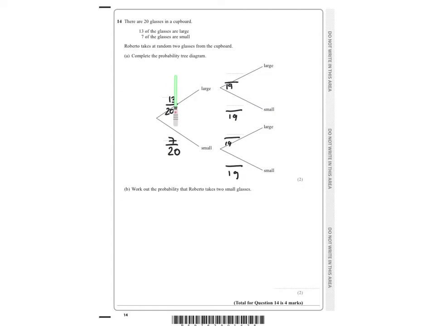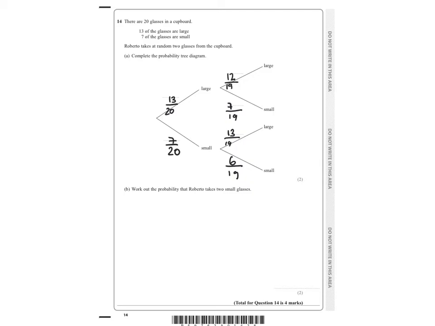If he takes a large glass, we had 13, now we're going to have 12. But if he takes a large glass, he hasn't taken a small glass, so our small glass is still 7. The same down here, if he takes a small glass, our large glasses are still 13 because we started at the beginning, and then our small glasses is 6.